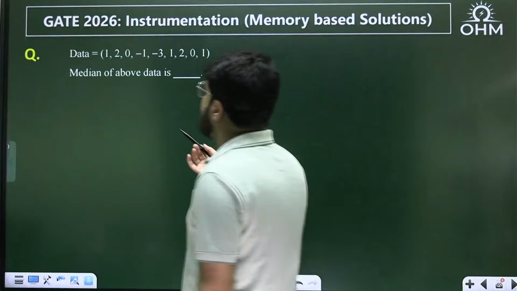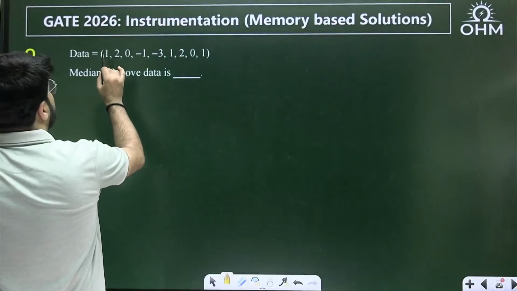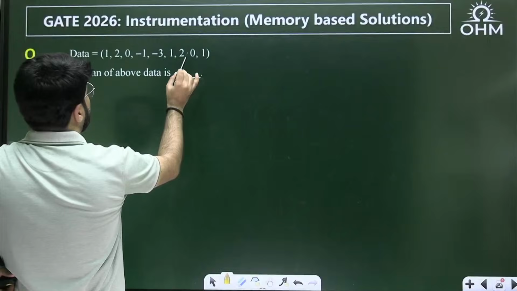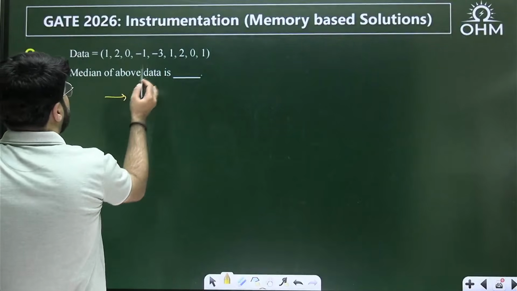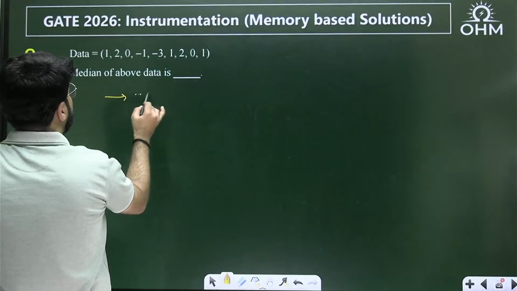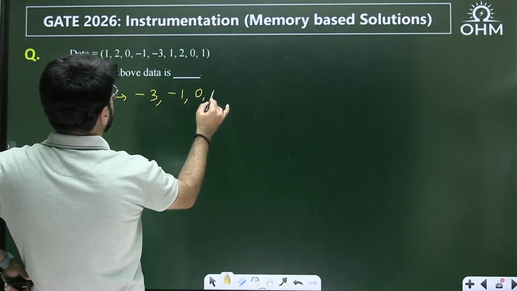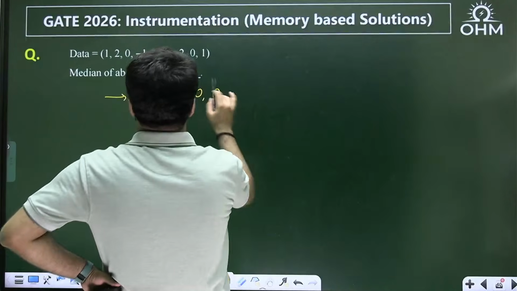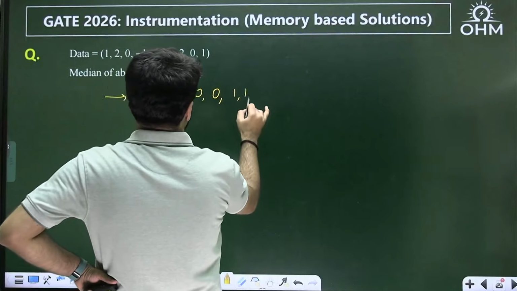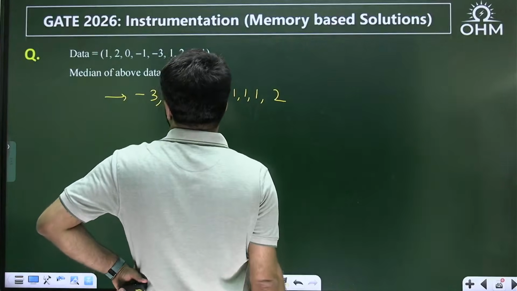Okay, what is the median? Simple data. How much data is it? 1, 2, 3, 4, 5, 6, 7, 8, 9. Odd number of data, easy only. The only thing is the data has to be arranged in an ordered manner. So -3, then I see -1, then I have 2 zeros. Then I see 1, 3 times 1 and then a 2. Correct? This is the data.